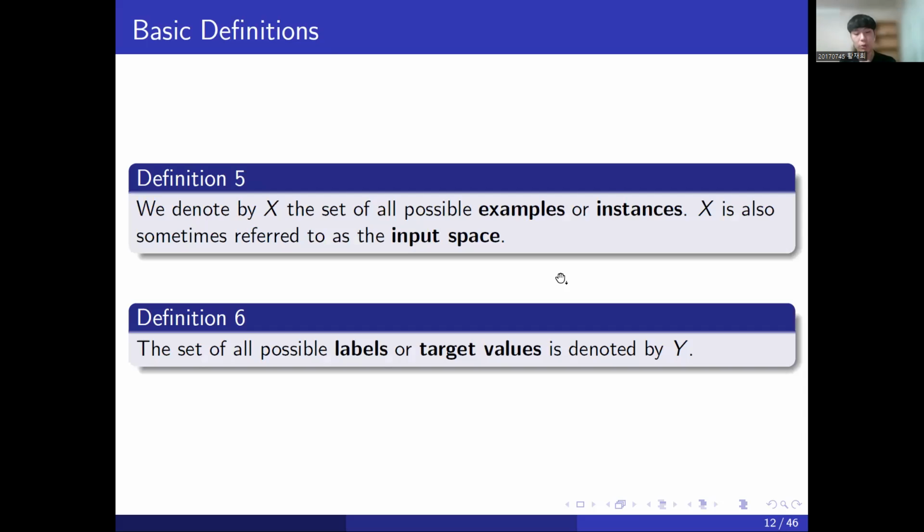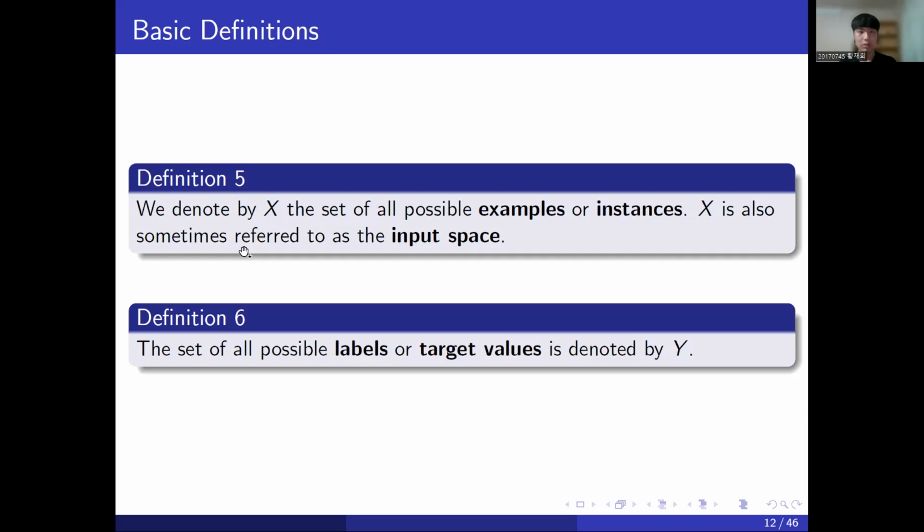Before we move on to learnability, we need to understand some new notations. The first thing I will introduce is X and Y. We denote by X the set of possible examples or instances.